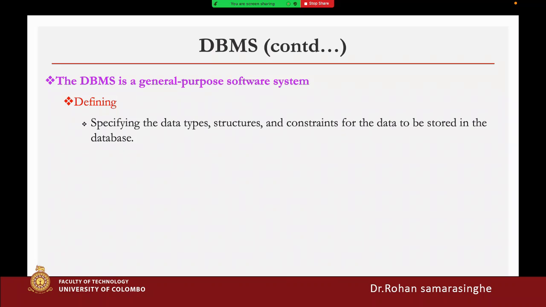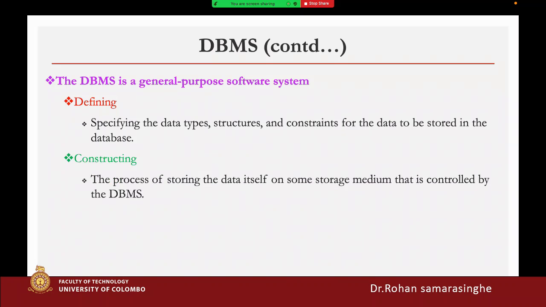If you want to store figures with decimal points, likewise you will have to specify the data type, structure and constraints for the data to be stored in the databases. And constructing means the purpose of storing the data itself on some storage medium that is controlled by the database management system. You are going to store the data in tables, relational tables.